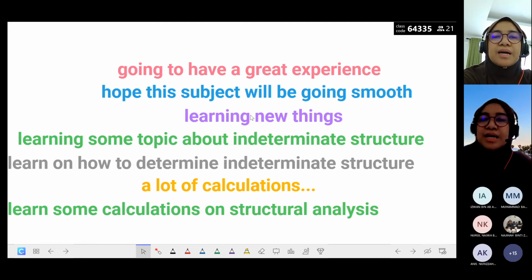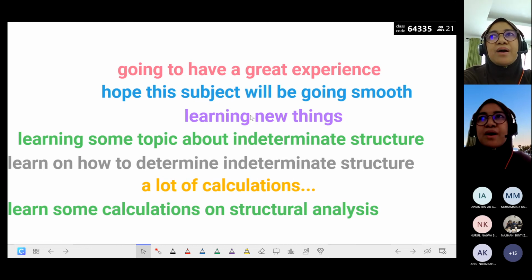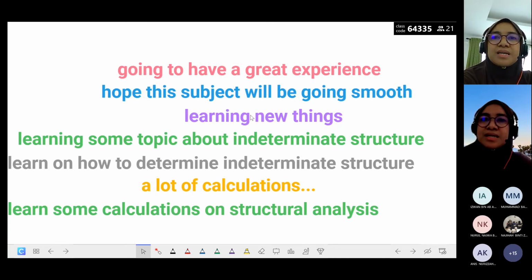Inshallah it will be good if you understand what you learned previously, especially beam analysis in solid mechanics. This will be the continuation of that. And of course, what you learned under determinate structures, like frame analysis and truss analysis.